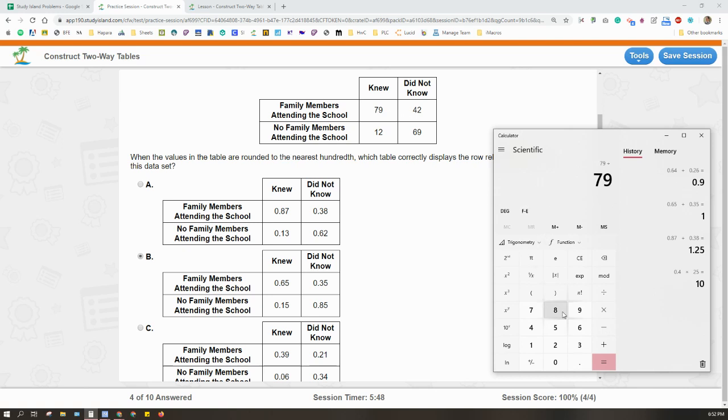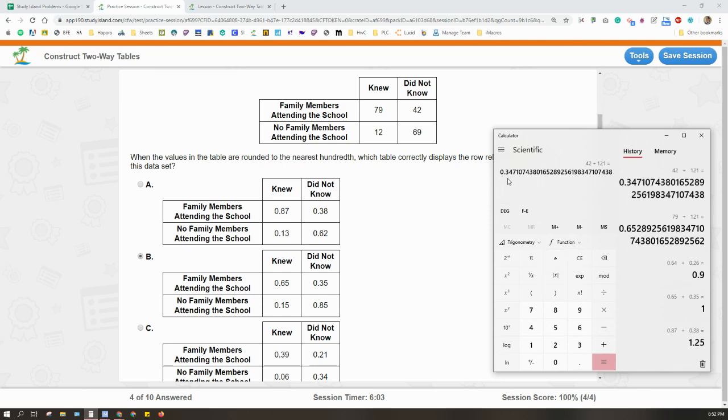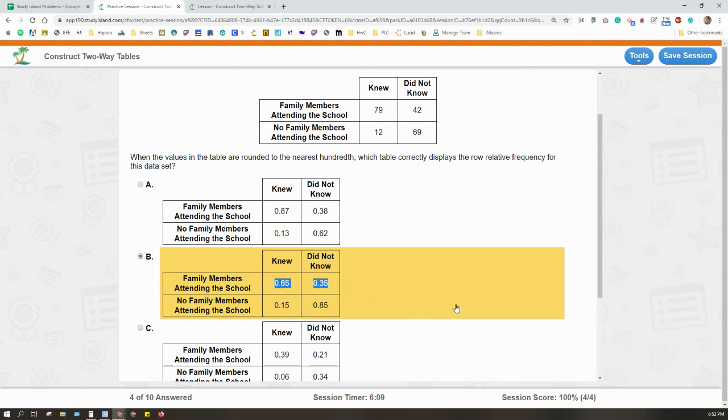That's 121. So 79 divided by 121 equals 0.65. Well, it's 0.6528, but rounded to the nearest hundredth, it's 0.65. Then you get 42 divided by 121, and you get 0.347, which rounds to 0.35 in the nearest hundredth. And that's where these numbers come from.